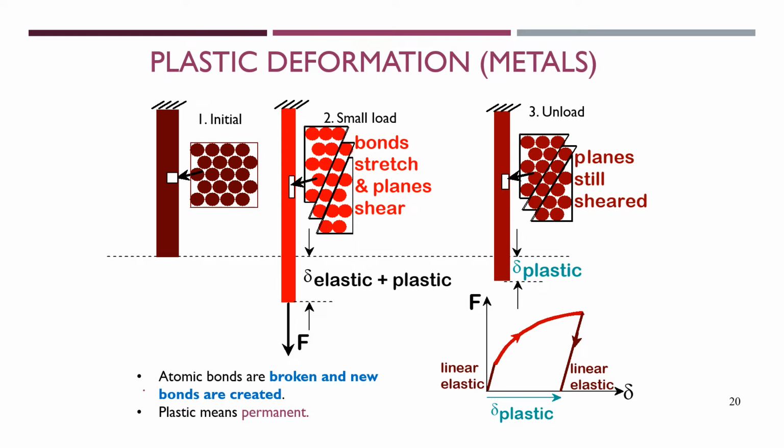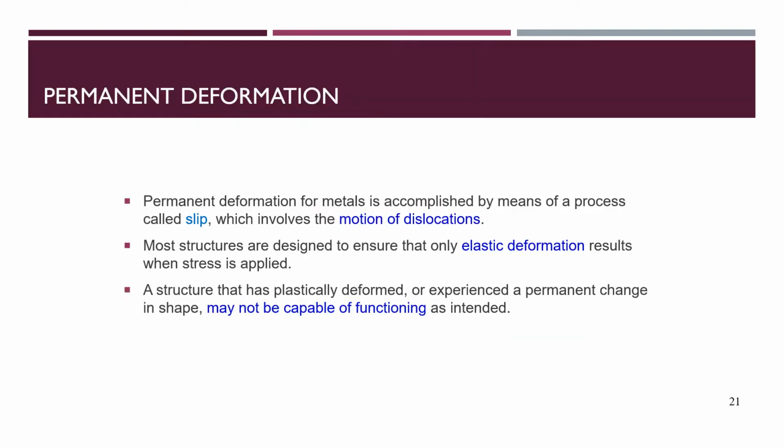However, at plastic deformation, this is how it looks at the initial stage, and after a small load is applied, the bond will stretch and the plane will shear, and lastly, after it is unloaded, the plane will still be sheared. It will not return to the original condition or location. This is known as permanent deformation.